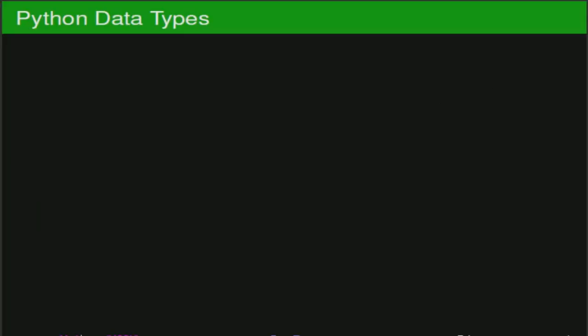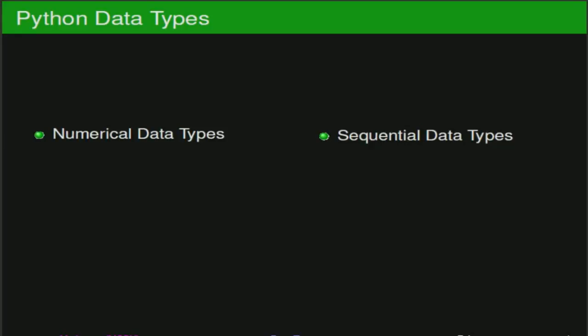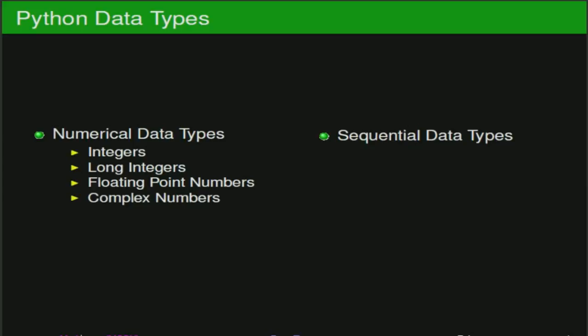And so now let's take a look at the kinds of data types that we have in Python. Python has two large categories of data types: numerical data types and sequential data types. Under the numerical data types, we have, of course, integers and long integers, floating point numbers, and complex numbers. The complex numbers are a little bit different than what we find in a language like C. It's more reminiscent of Fortran or MATLAB.